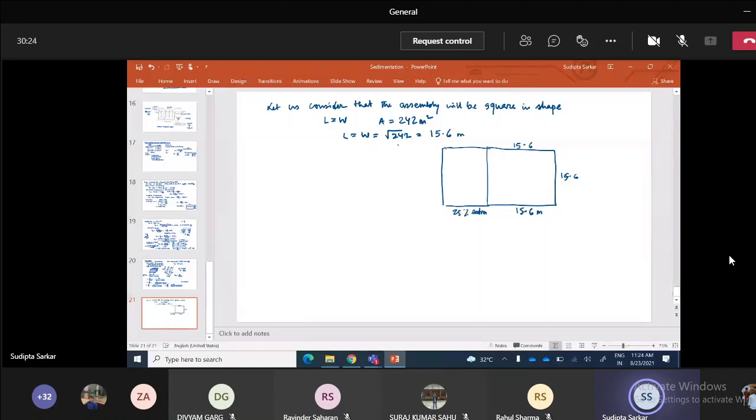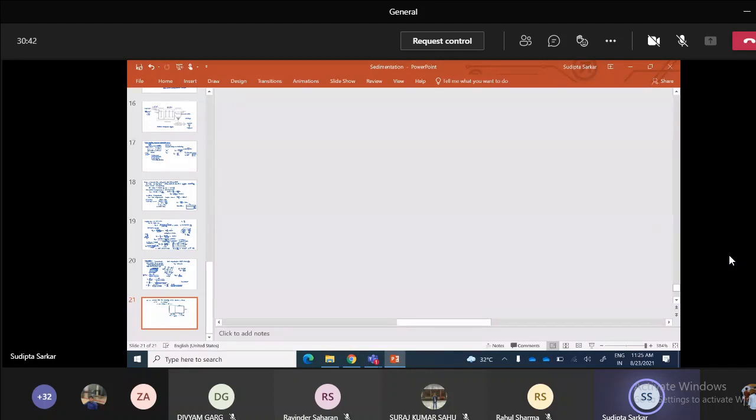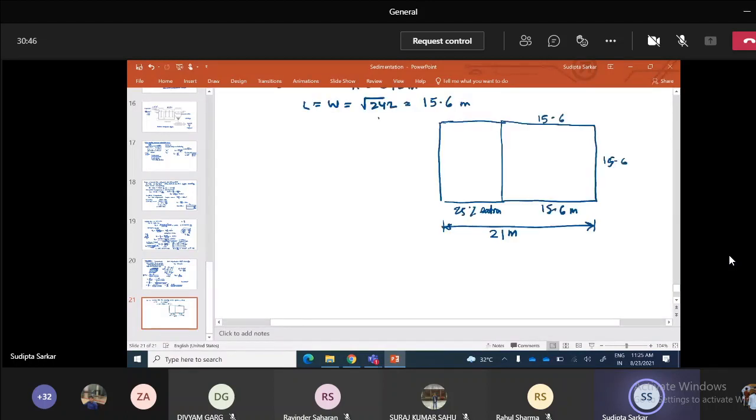Each of the compartments will have 21 meter by 15.6 meter space. This is the amount of space that will be required.